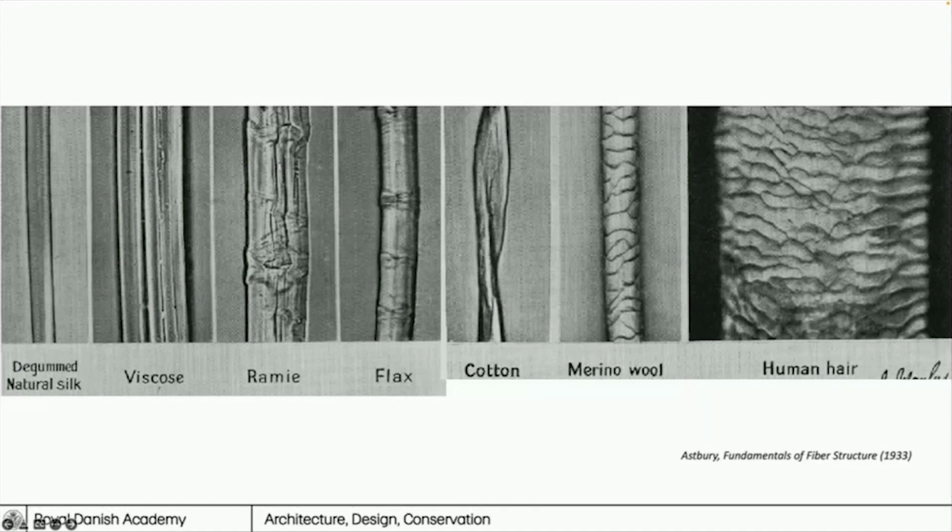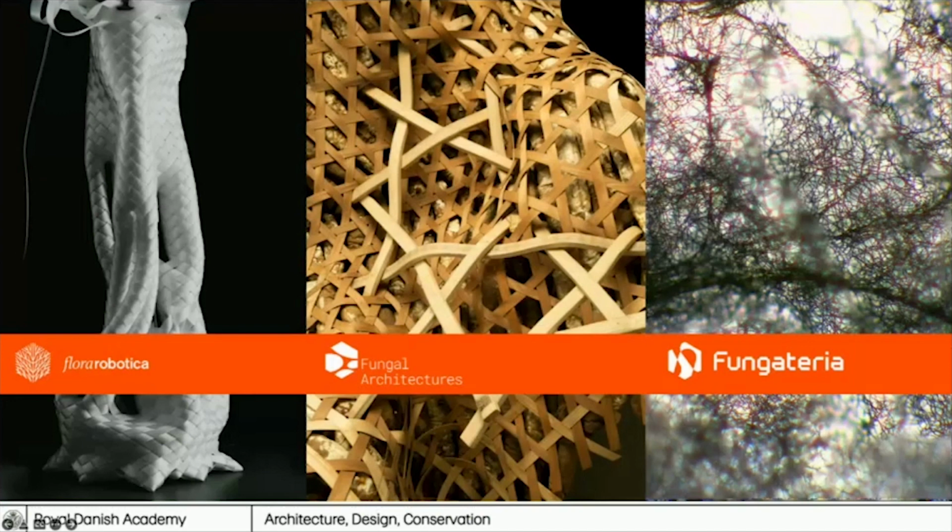The work I'm showing really starts at the fibre and moves up towards architectural scale. And this idea about the fibre and populations of fibres being organised in different arrangements is really what gives textiles their emergent functional and material properties.